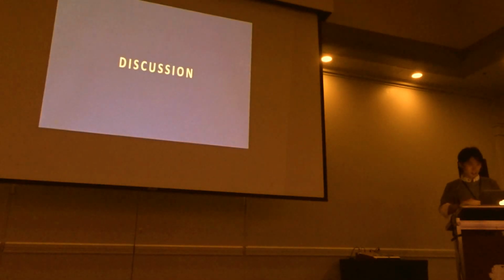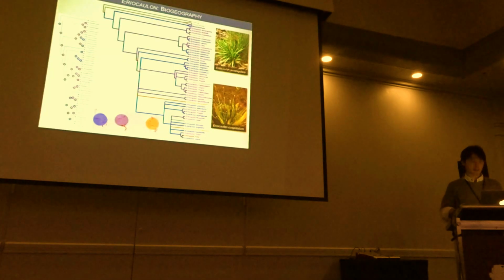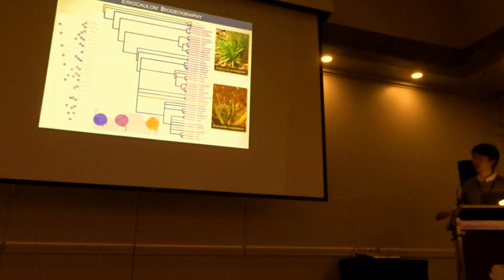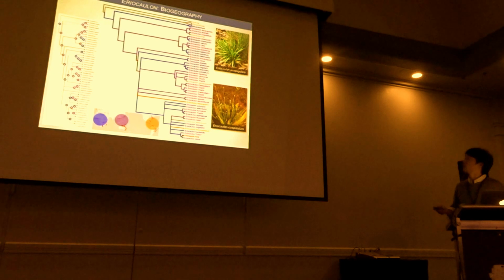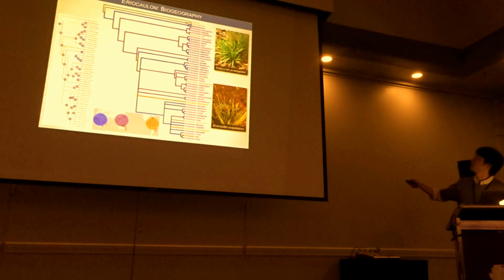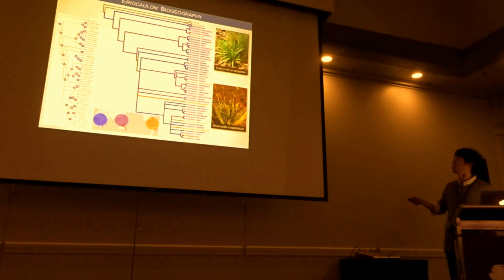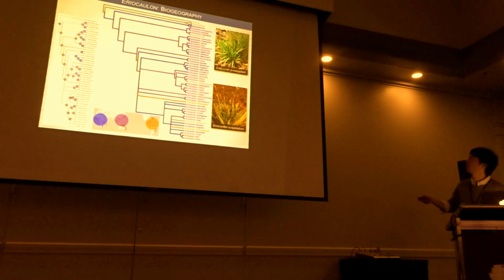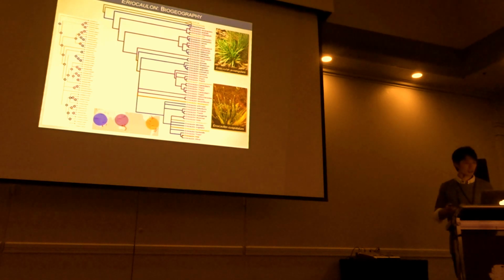Okay, so let's move on to discussion. I said we have 3 questions, and the first one is biogeography. And you can see the origin of the species in color, like the blue means the African origin, and then purple means Asian, and then orange means American species.